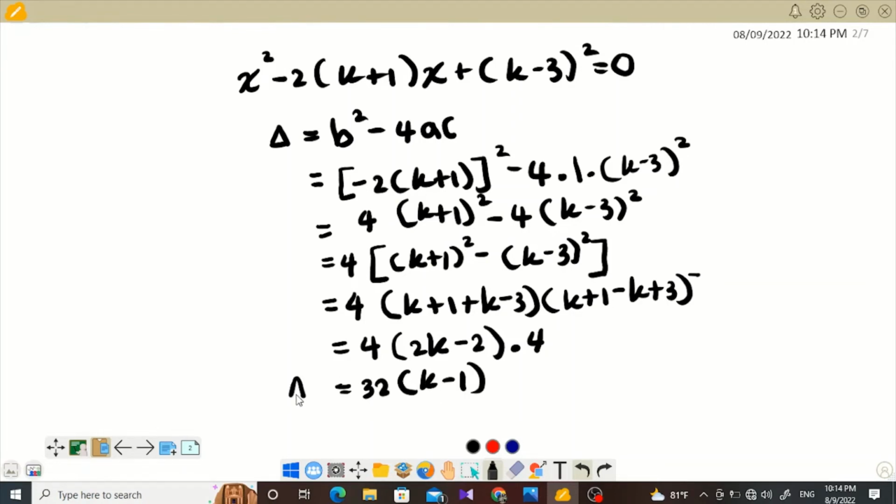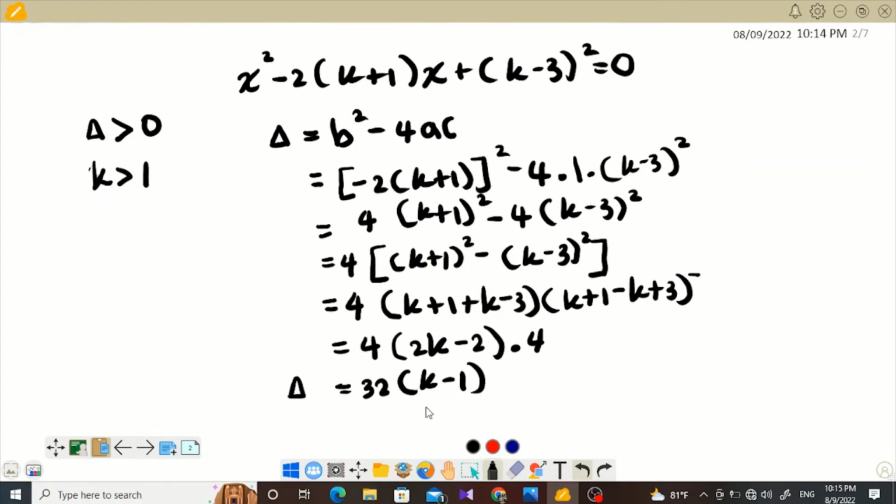Now we have to show this value is greater than 0, because we have to show the roots of this equation are real and distinct. To be real and distinct, we know that the discriminant must be a positive value. I can easily show that, because they have given that k is greater than 1.